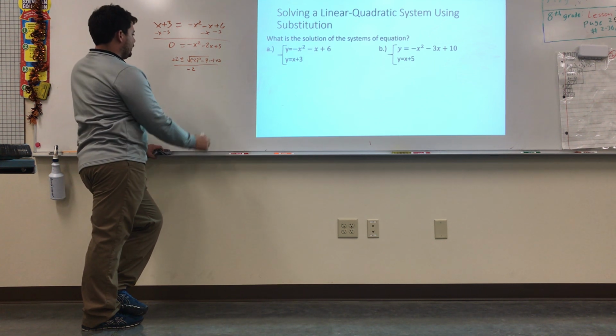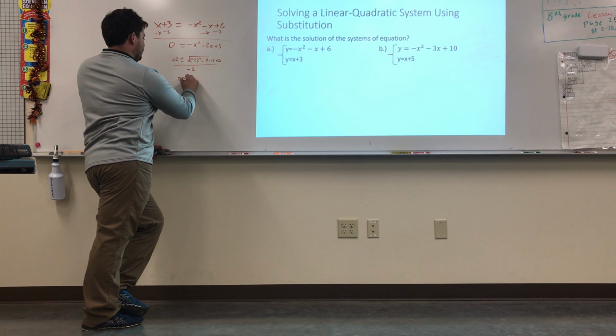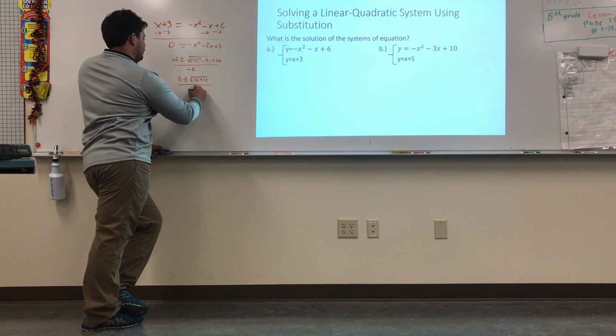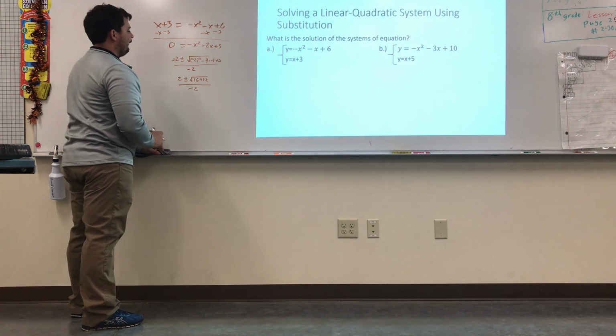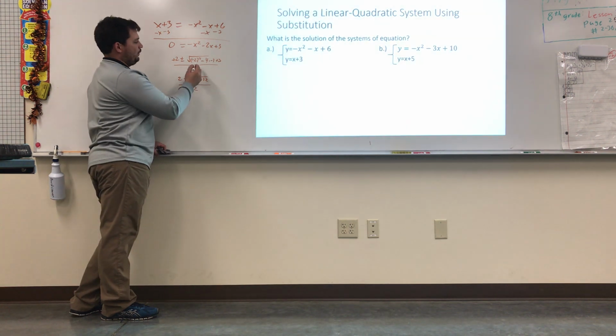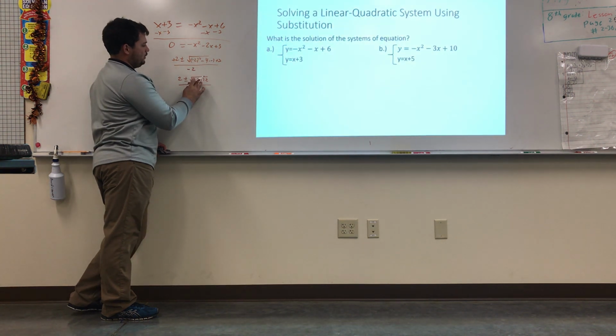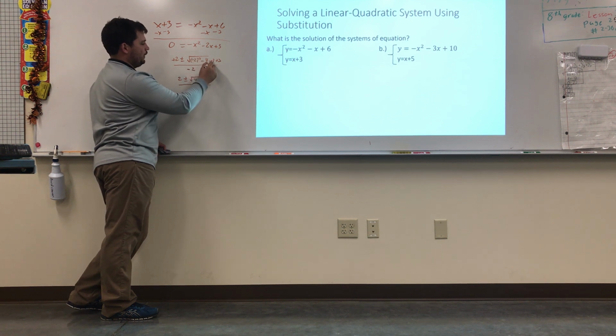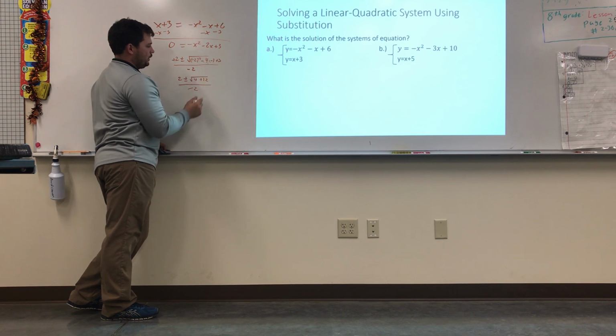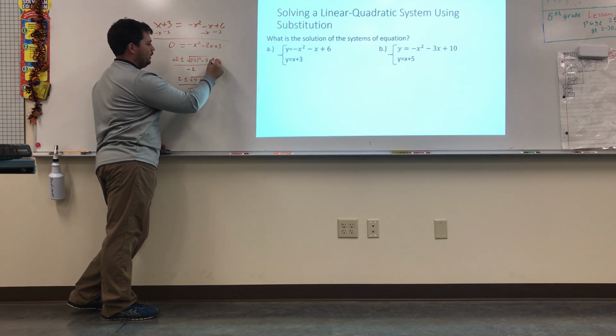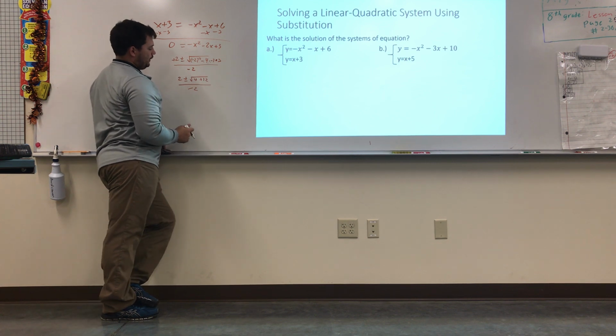Alright, we go in here, we're going to get 2 plus or minus the square root of 16 plus 12 over negative 2. This should be 4, my bad, caught my mistake. This would be 4, this would be negative 1 times negative 4, which is 4 times 3, which would give me 12.